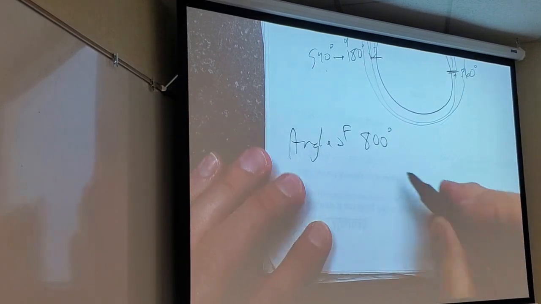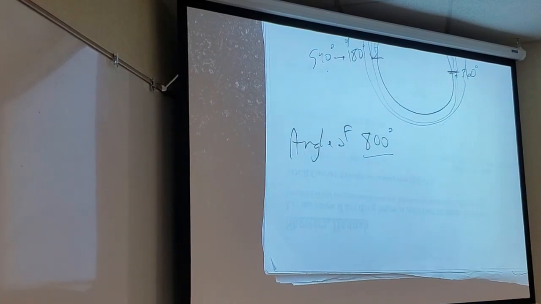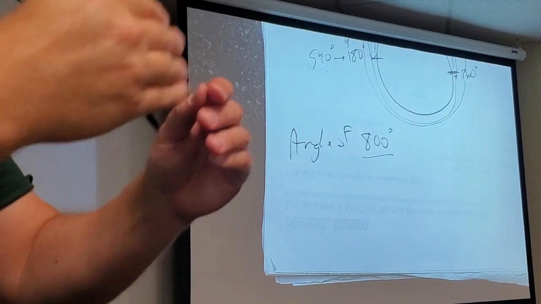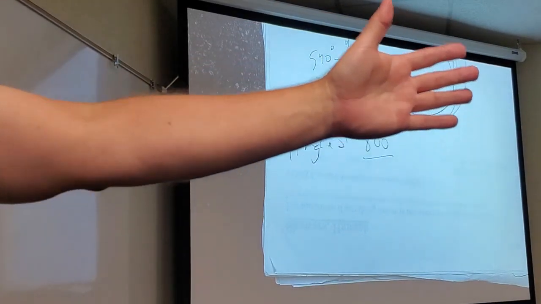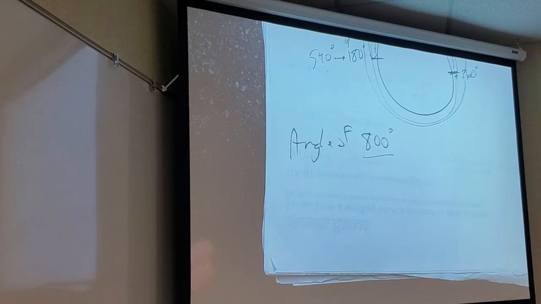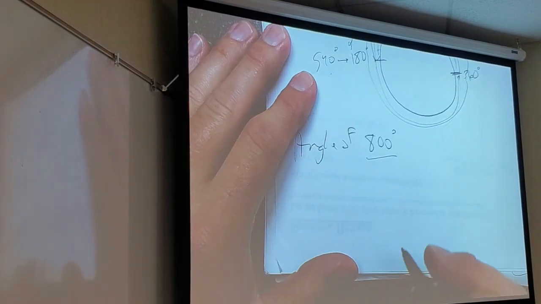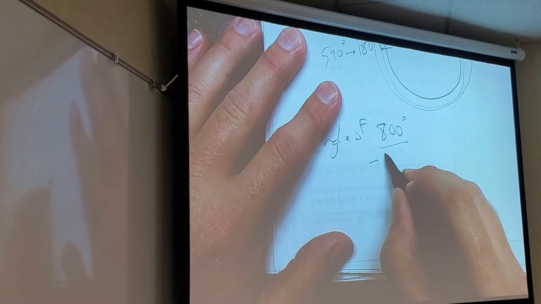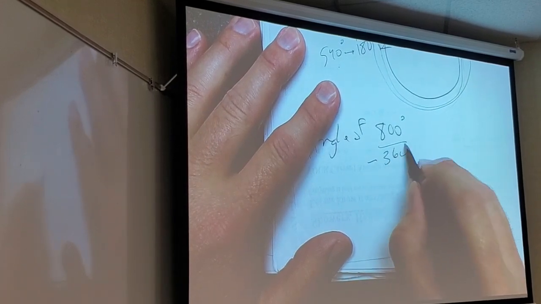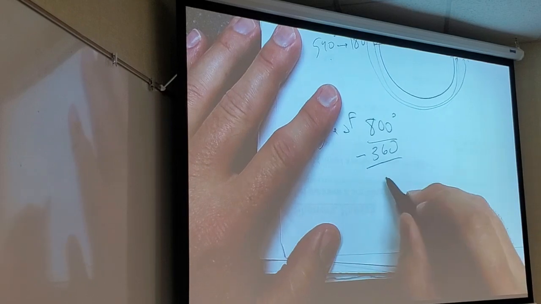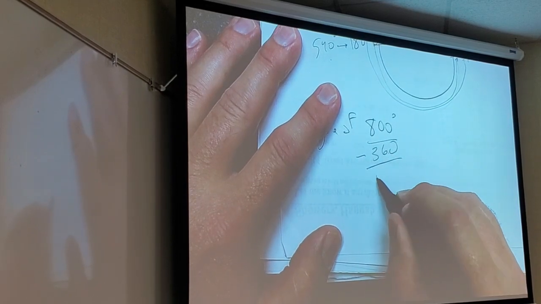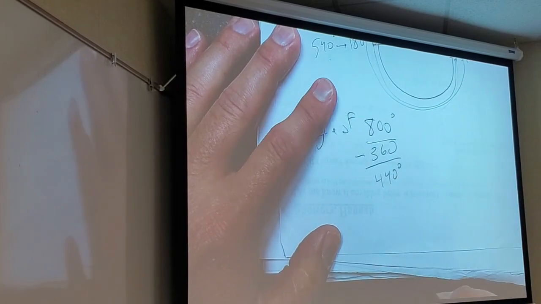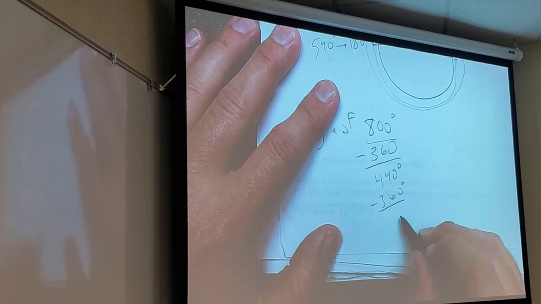So can you tell me, if I spun through 800 degrees worth, where would I end up facing? 80 degrees. If I take one revolution out, that's 440, correct? If I take another revolution out, that is 80.